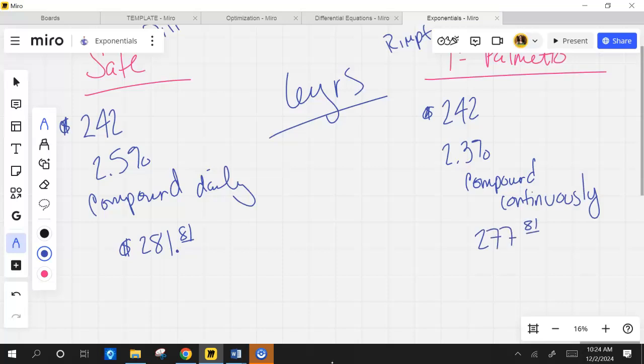In continuous, it's just the decimal. Just the decimal.